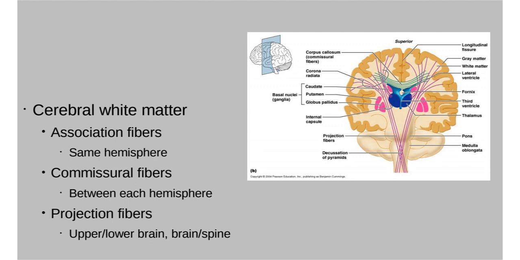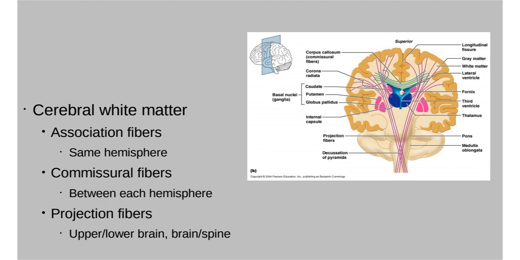White matter is myelinated. And when we talk about the white matter of the cerebrum, we're going to be talking about fibers that connect different parts of your brain to each other or from your brain to your spine. And these can fall in kind of three different categories.